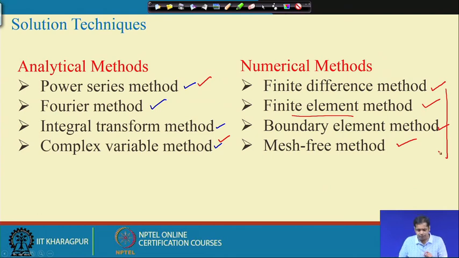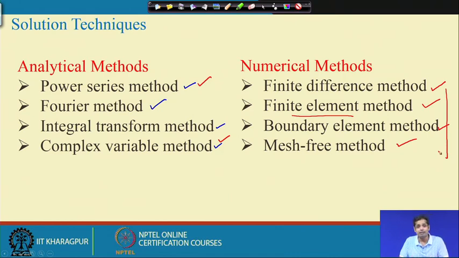Now, one point please note: most of the problems, or rather I would say all the problems that we really encounter in real life, when you go to industry, even if it is an elastic problem, you will see that you have to use some numerical technique.